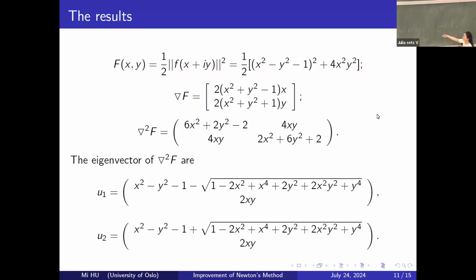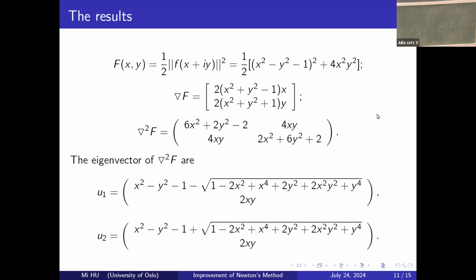So every time you need to calculate the eigenvalues, it's quite difficult to calculate when x and y are both not equal to 0, for example, let's say on the first quadrant. But let's see what's going on first. That's the first case: when x is not equal to 0, y is 0. And the second case is x equal to 0, y is not equal to 0. So this is on the y-axis, this is on the x-axis.